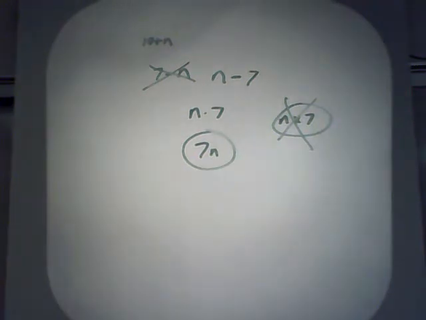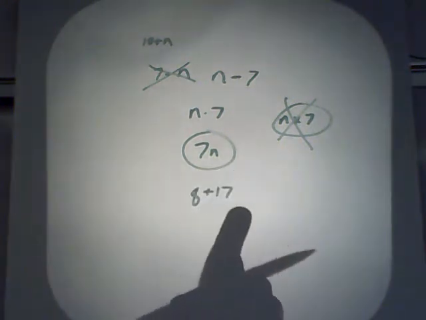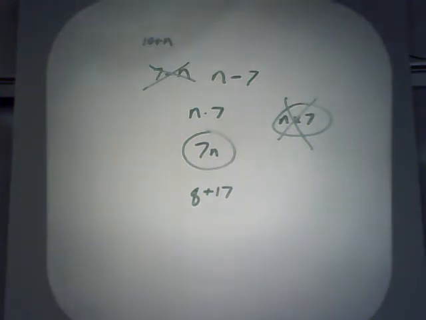Okay, how about this one? The sum of q and 17. Go. Q plus 17. Good. How about this one?